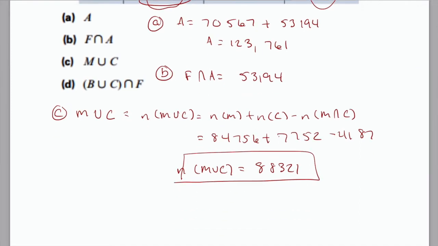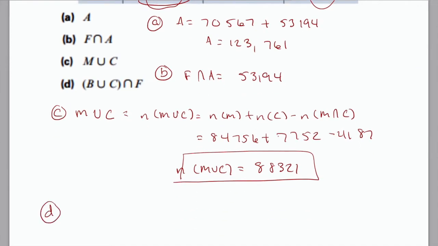Now finally D, B union C, intersection F. Then we have B plus C, only females.